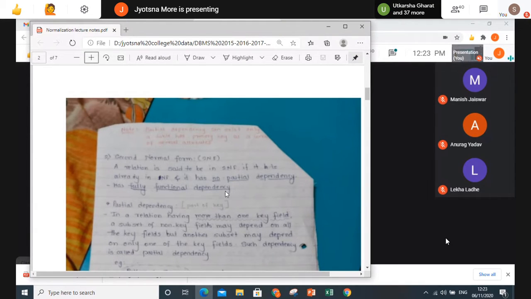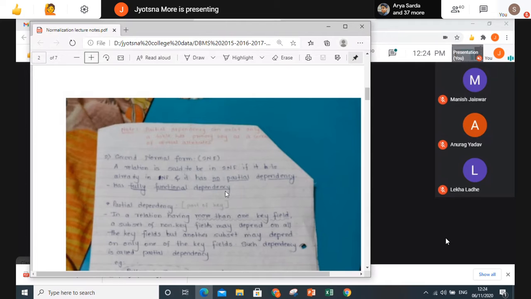But there are some non-key attributes, say salary or time. All these attributes depend on part of my primary key. Maybe only project number can determine the salary of that employee, or the salary column. Maybe your project name can determine the duration, right? So this is known as a partial dependency. Part of a key attribute determining a non-key attribute. That is known as a partial functional dependency.